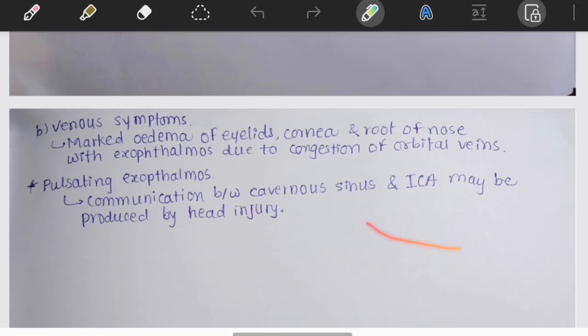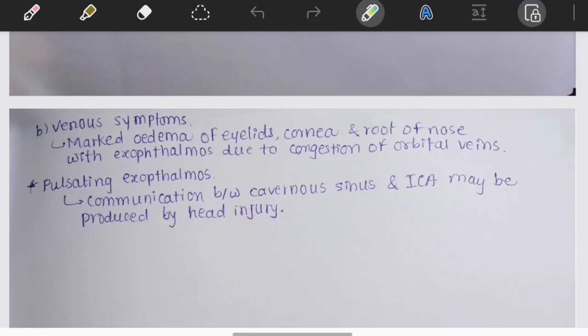Exophthalmos. Now ask yourself, if blood accumulates behind the eyeball, what will happen exactly? The eyeball is pushed forward, called exophthalmos, protrusion of the eyeball. Pulsating exophthalmos. Why? Normally, the internal carotid artery passes through the cavernous sinus.